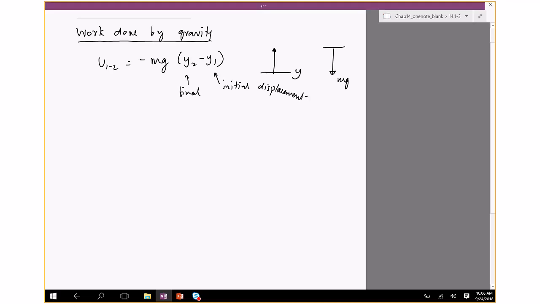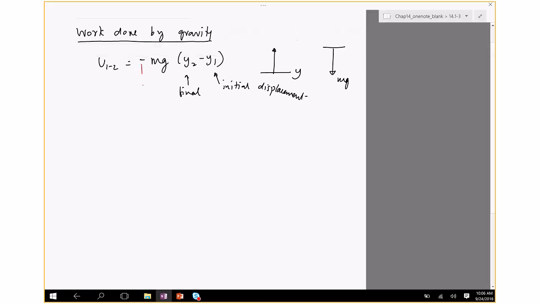The reason for the negative sign is because mg is downwards, like I've shown here, and y2 minus y1, which is the displacement, is upwards. Why is it upwards? Well, our convention is usually that positive is upward. So as long as you have this convention, you will have a negative sign.